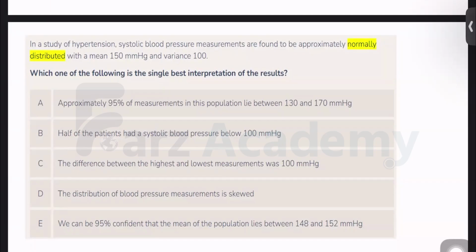So still the difference you will not get as 100. 120 to 180 difference would only be 60. And now when you say 99% patients have between 120 to 180, do you understand B will become false? Where 99% is getting covered at 120, do you think half of the patients will have less than 100? No, it's barely 1 to 2% which will be less than 120. And below 100, it would still be less.